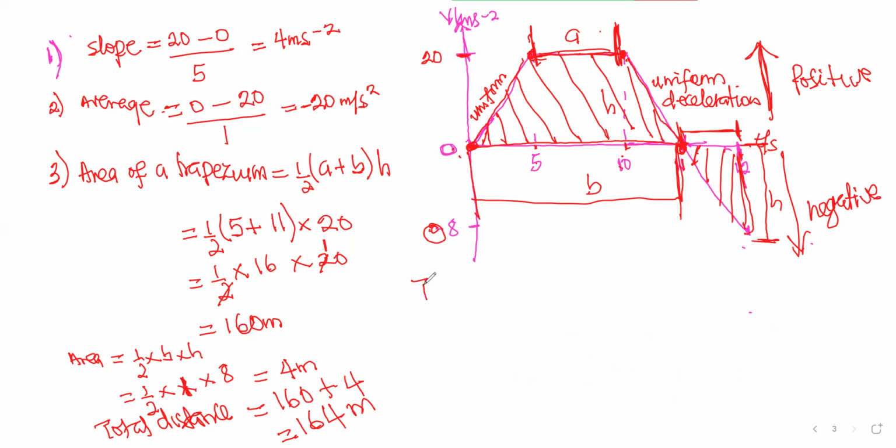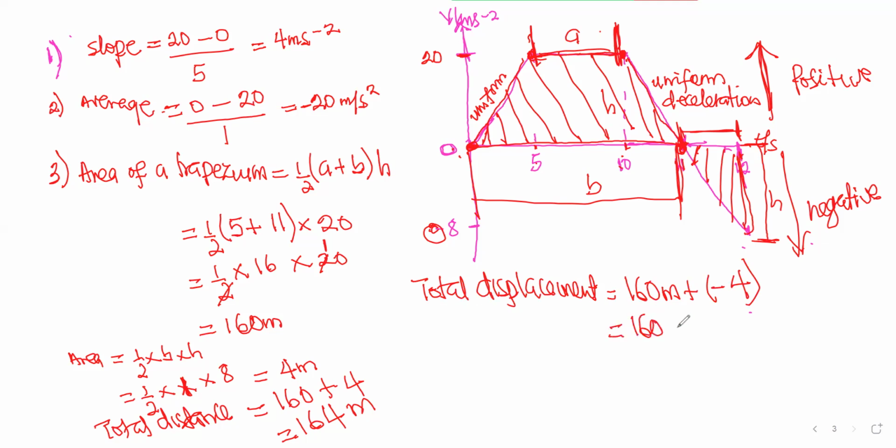So for total displacement, this time you consider the direction: 160 above plus minus 4 below. And this would give us 160 minus 4, which is 156 meters.